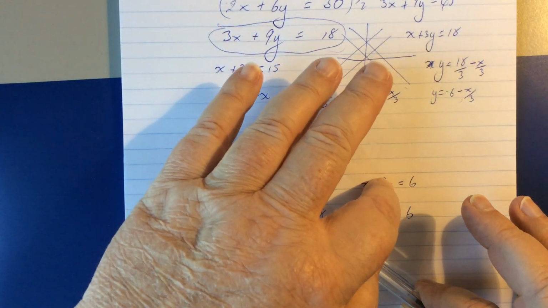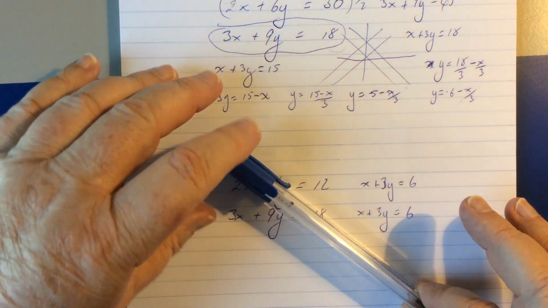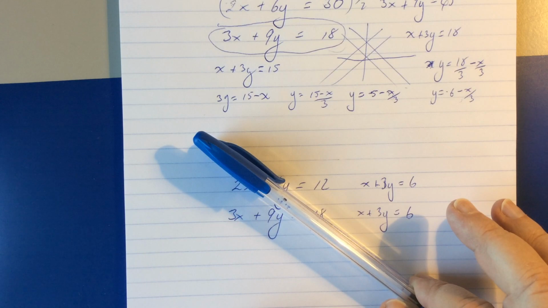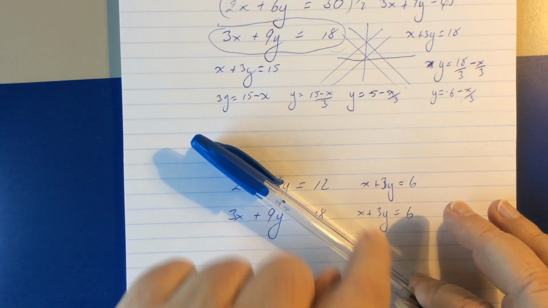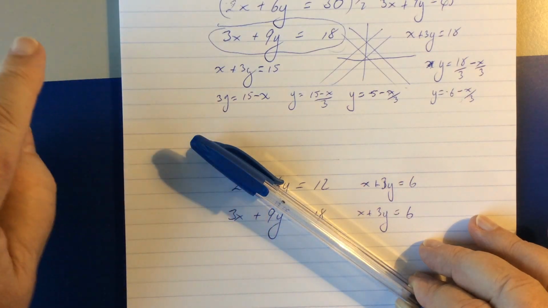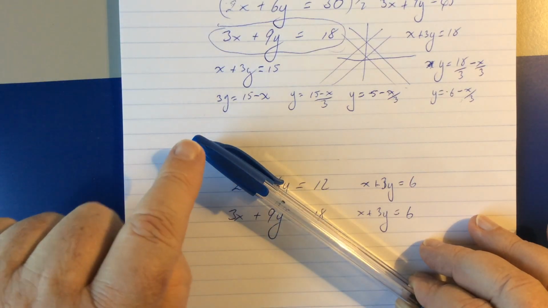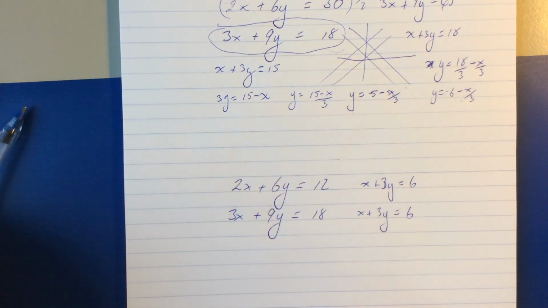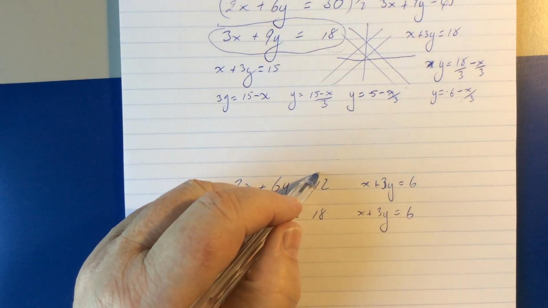You're not going to be able to see one for the other. An infinite number of solutions means that these two equations are the same all the way through their trajectory across the Cartesian plane.